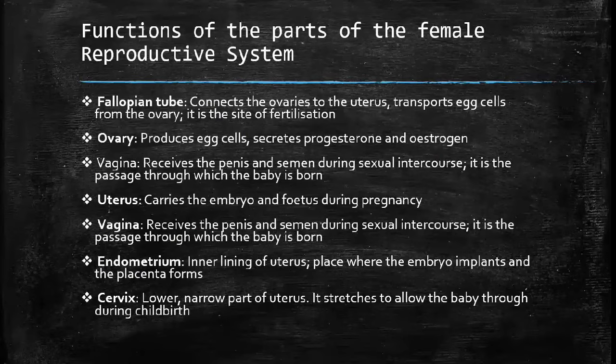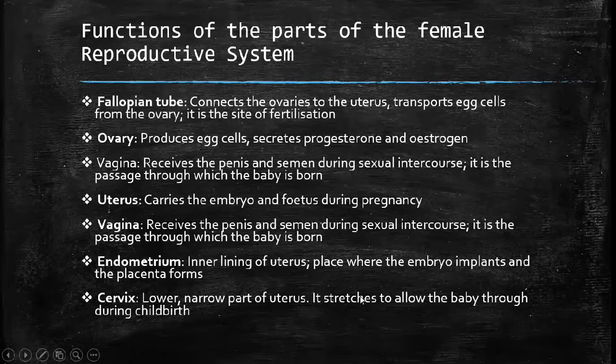And then we're going to look at the ovary, and then we're going to look at what is puberty. The cervix, guys. Oh, before I forget, the uterus carries the embryo and the fetus during pregnancy, or it carries the unborn baby until the baby is born. And then you've got the cervix.